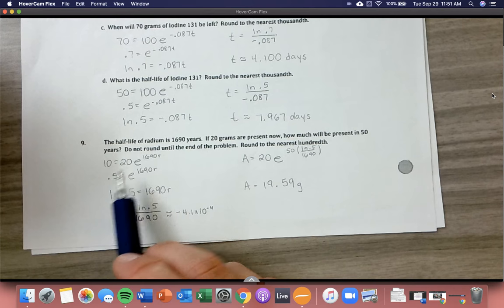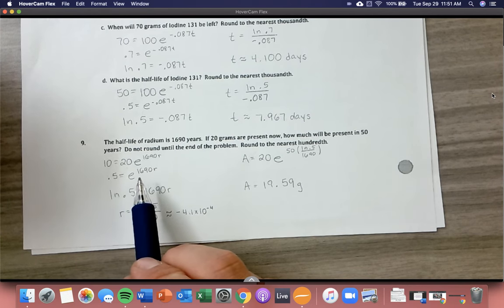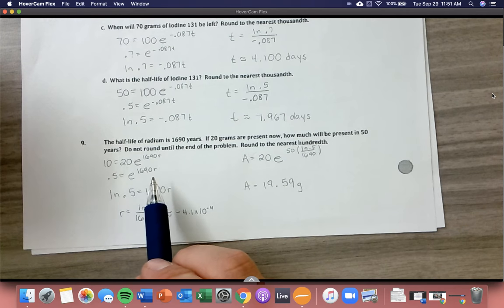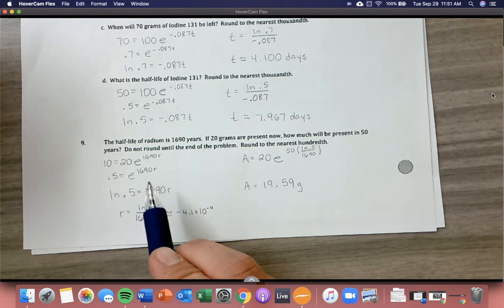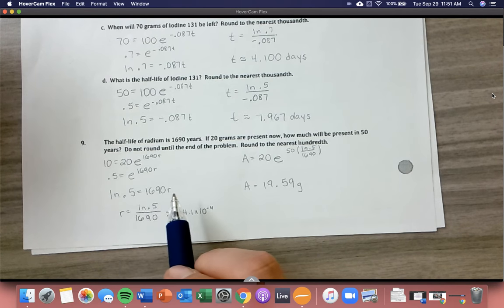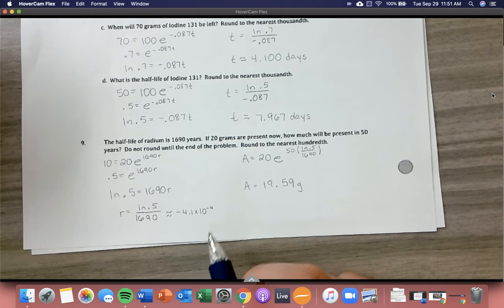Well, we can divide this 20 over, we get 0.5 is equal to e raised to the 1,690r. We can convert that to our natural log form, and then divide by the time here, which is 1,690. And we get that the rate here is roughly negative 4.1 times 10 to the negative 4th.